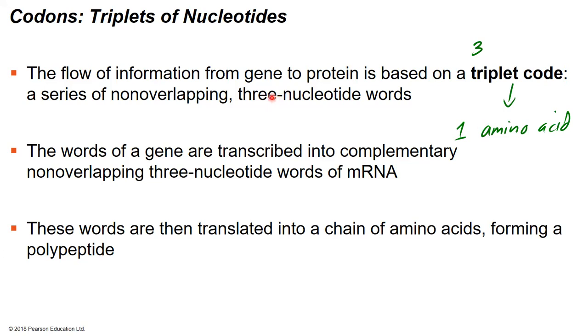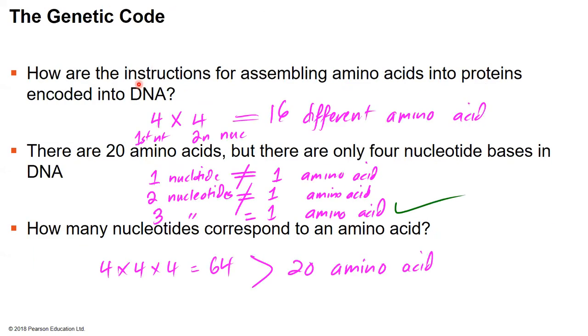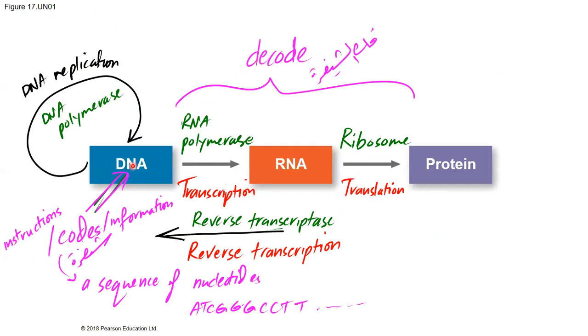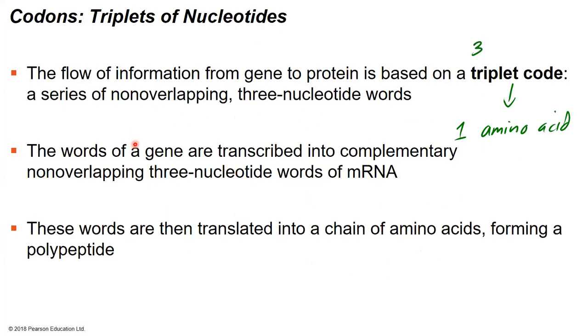So we could look at the language that is used to write the instructions or the information necessary to build proteins in the DNA as a language made of words, and each of these words is made of 3 nucleotides.